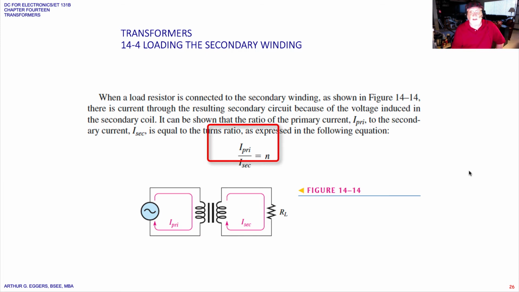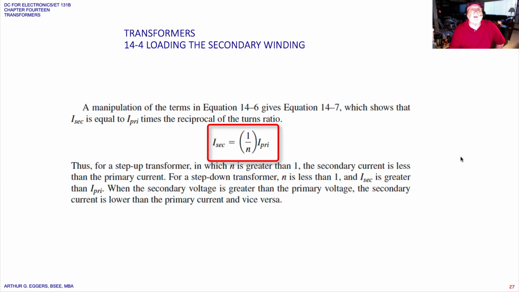A manipulation of the terms of equation 14.6 gives us this relationship, where all we did was move our terms around so that we can solve for the current in the secondary as the ratio of the primary current divided by N, which shows that relationship. For a step-up transformer in which N is greater than 1, the secondary current is less than the primary current.